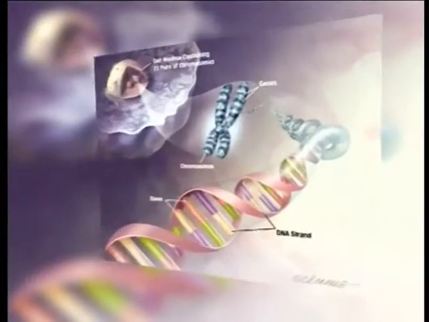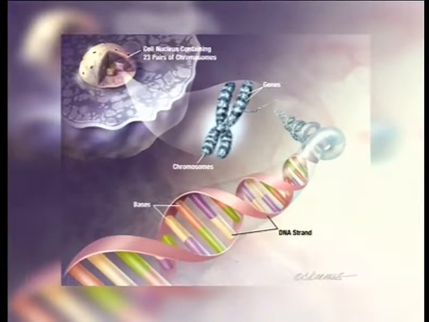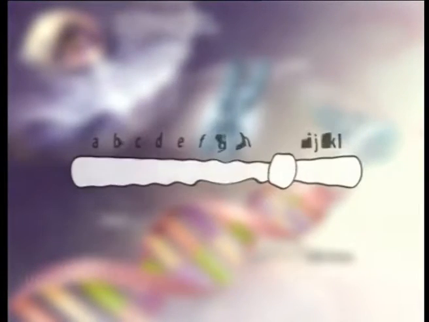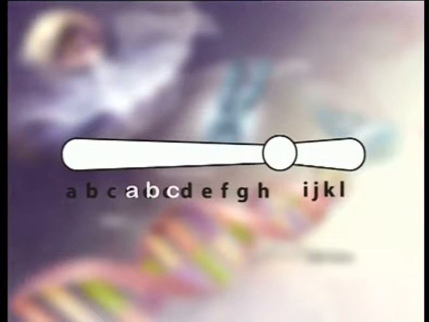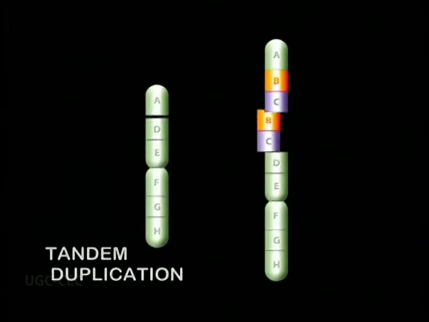Now, duplication. A duplication is a chromosomal alteration that results in the doubling of a segment of a chromosome. The extra segment may be located immediately after the normal segment in precisely the same orientation. Such duplication is called tandem duplication.